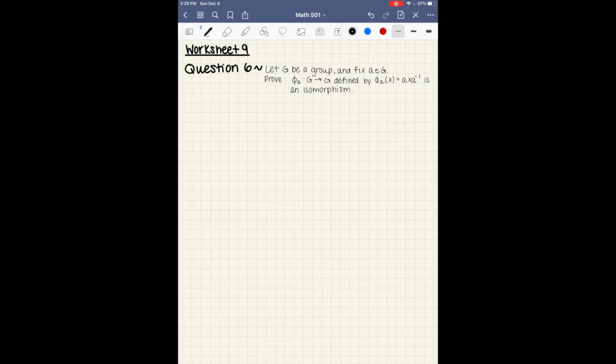So the first thing that I did for this proof, I said let G be a group and A is an element of G. And then our first step whenever we want to prove something's an isomorphism is just defining what phi is.